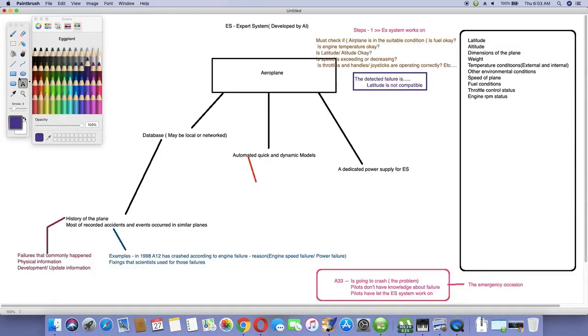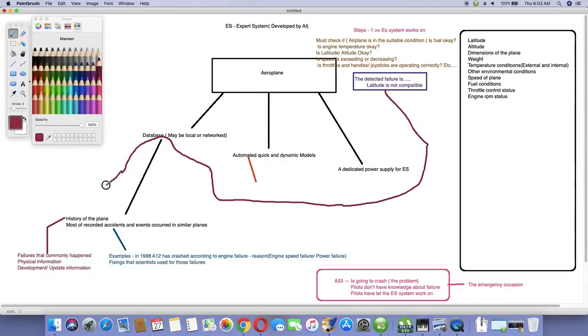Okay, the detected failure is latitude. So now the expert system wants to find out more. It wants to check on that detected failure, latitude. So it connects to the database, and through the database it goes to the history of the aeroplane.